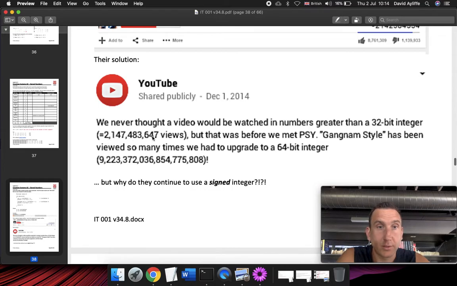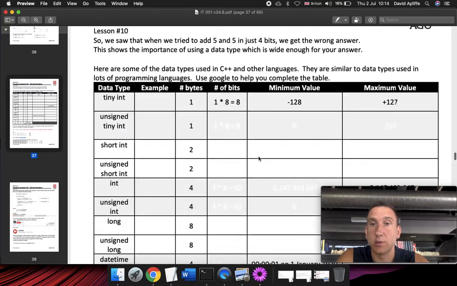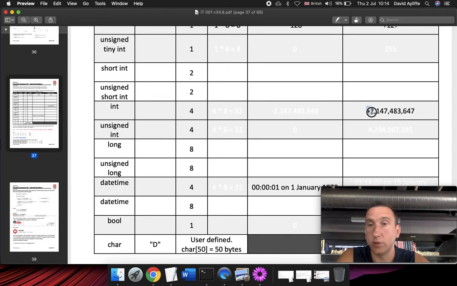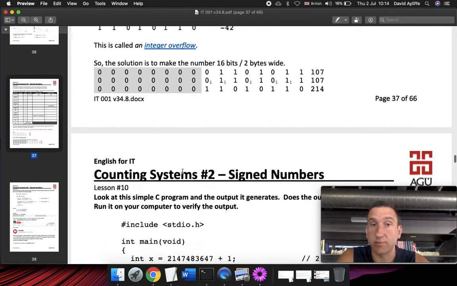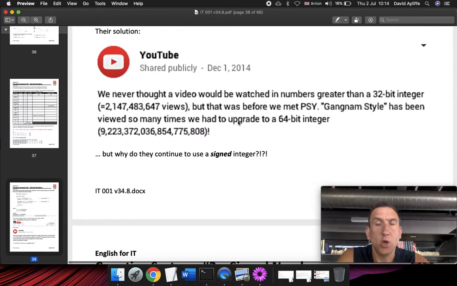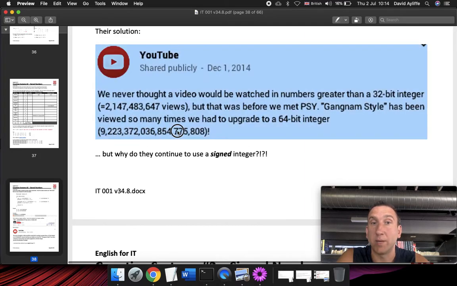So they used a 32-bit integer to store the number of views for a video. "We never thought a video would be watched in numbers greater than that, but that was before we met Psy. It's been viewed so many times we had to upgrade to a 64-bit integer."